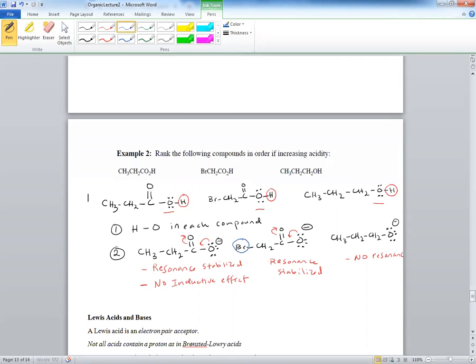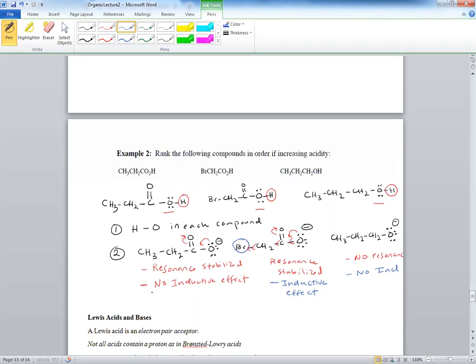That's a halogen. So the electron density can be now pulled. So let me use a different color here. Yes, there's an inductive effect. This one, of course, doesn't have it. No inductive, we're just going to call it.